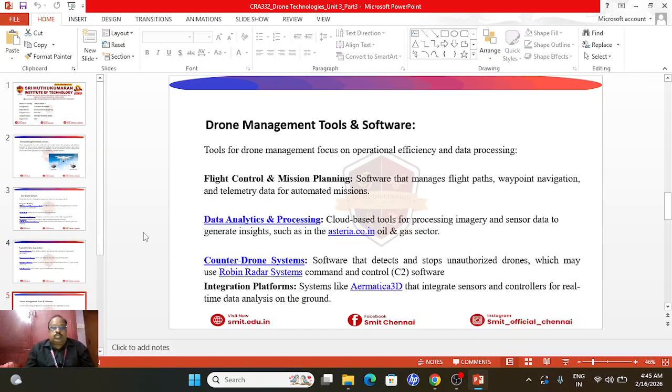Next, coming to the drone management tools and software. What are all the tools for the drone? They focus on operational efficiency and data processing, flight control and mission planning. Here is the software that manages the flight paths, with waypoint navigation and telemetry data for automated missions.